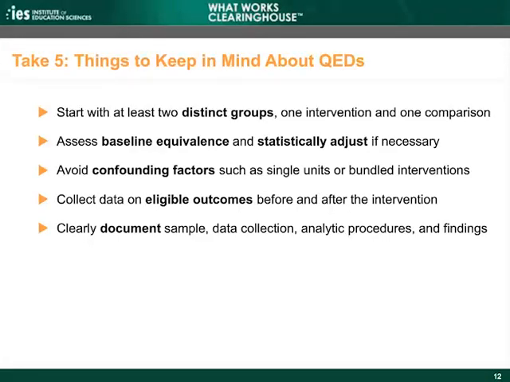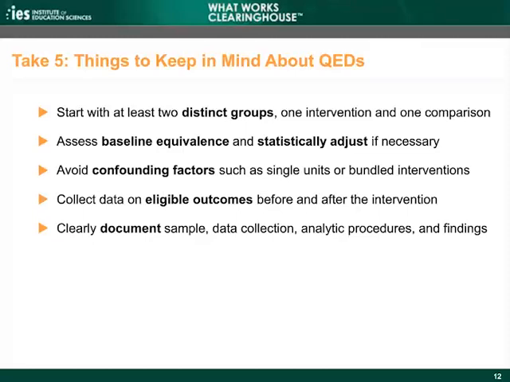Try to avoid confounding factors such as single units or bundled interventions. Use valid, reliable measures that are not over-aligned with the intervention. Clearly document your design, data collection, and analytic procedures. And use WWC resources to help with measure selection, analysis, and reporting.